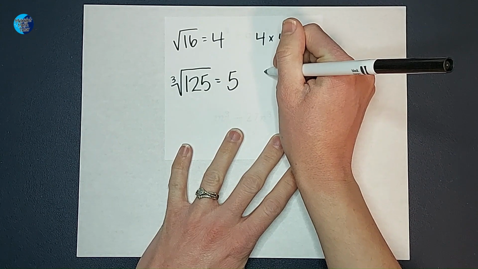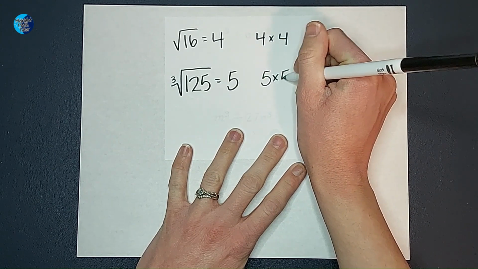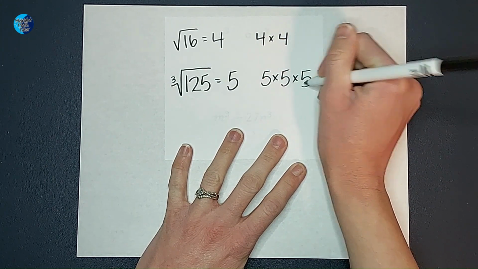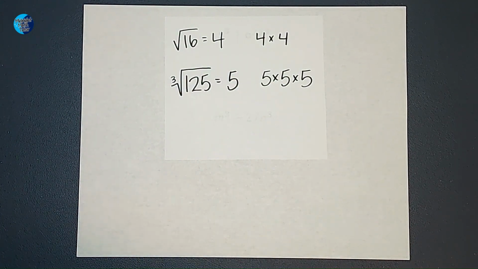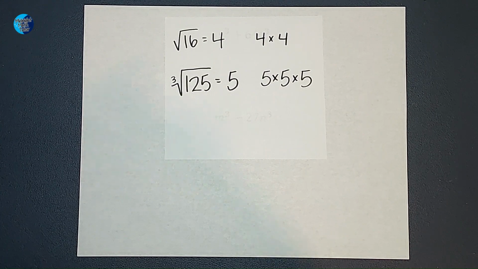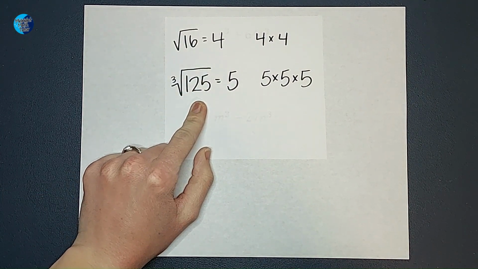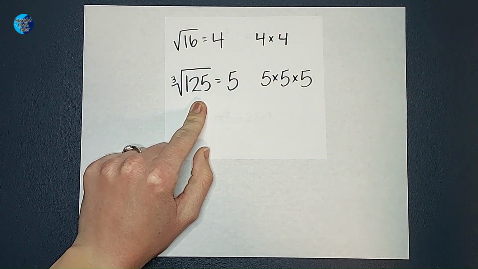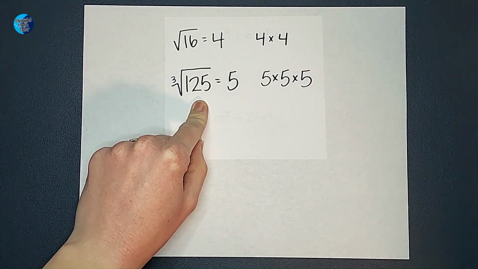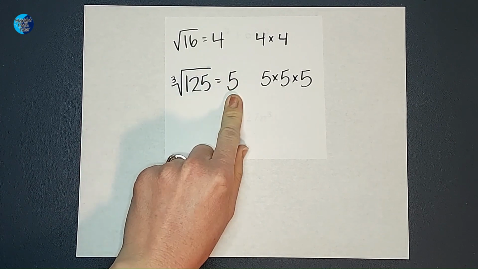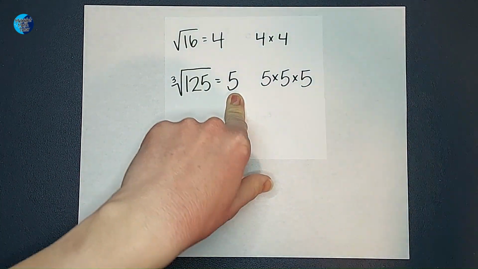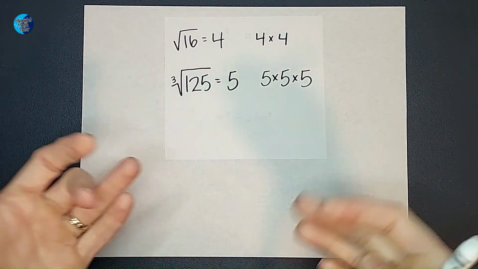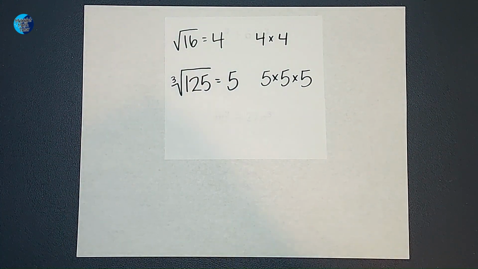And that's because 5 times 5 times 5, itself 3 times, is 125. So as you can probably imagine, there are a lot of numbers that do not have a pretty cube root. You're going to get an ugly, nasty decimal. So a perfect cube is when we get a nice integer for our answer, like 5 or 10 or 4, right? So that is what a perfect cube is.